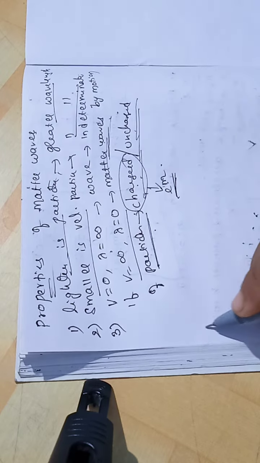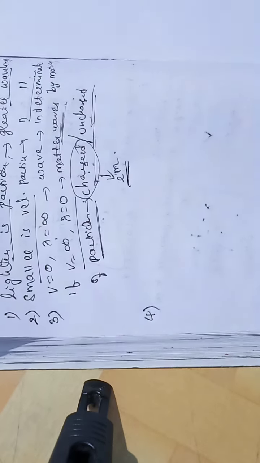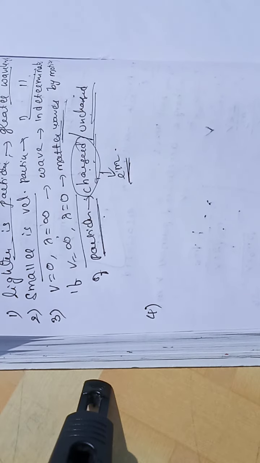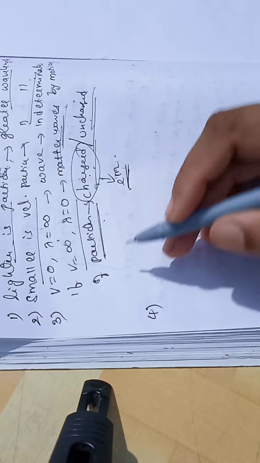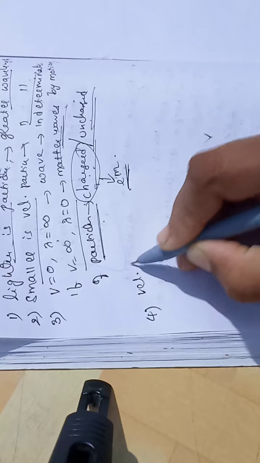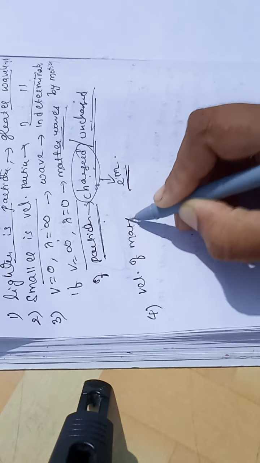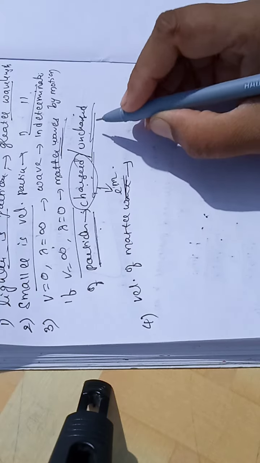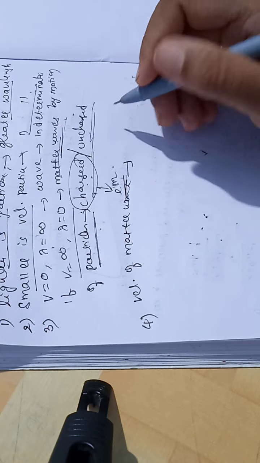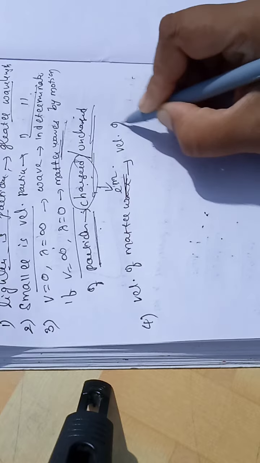Now the fourth property says that the velocity of matter wave depends upon the velocity of the matter particle.